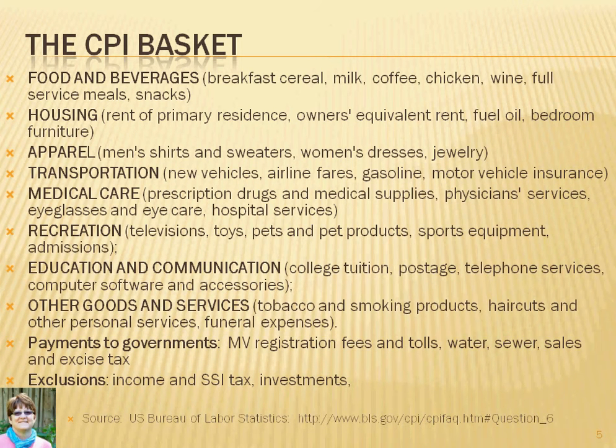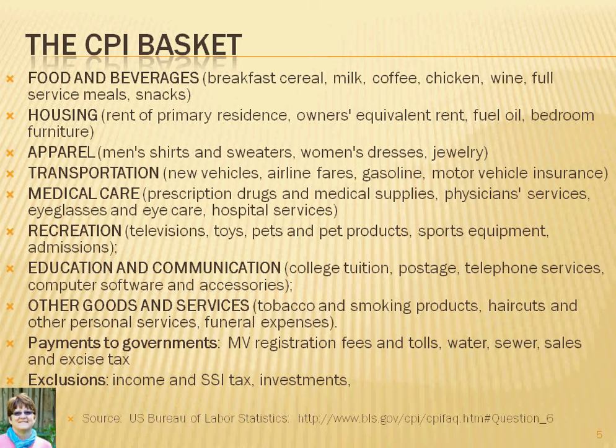BLS divides the CPI basket into the general categories of goods and services shown here: food and beverage, housing, apparel, transportation, medical care, recreation, education and communication, other goods and services, and payments to governments, including water, sewer, sales, and excise tax.